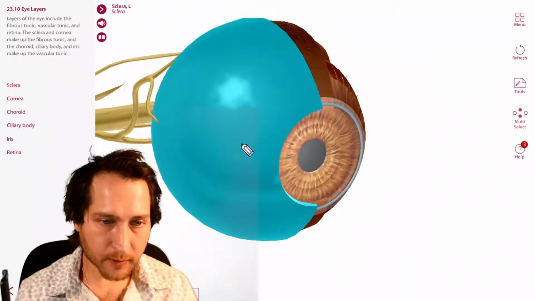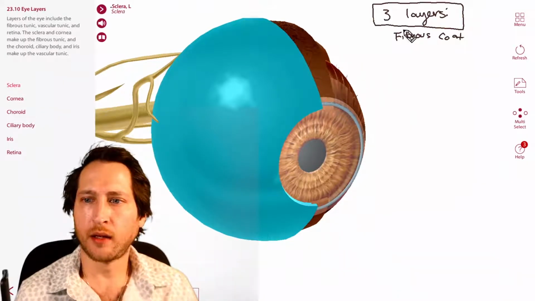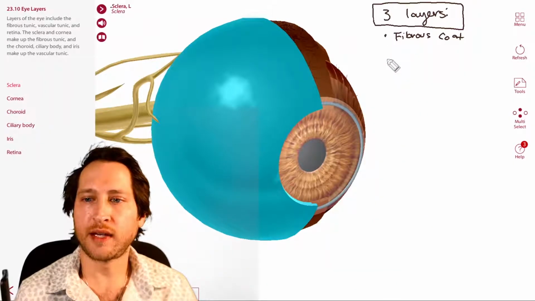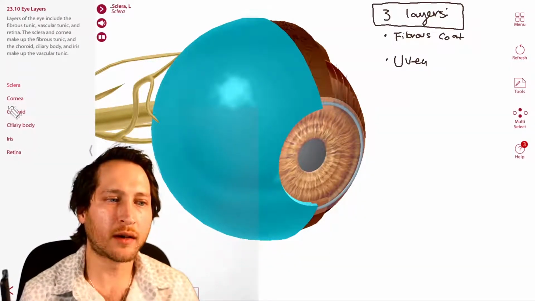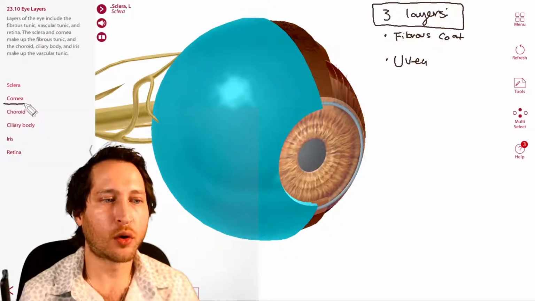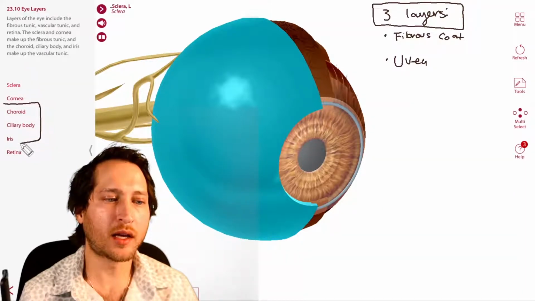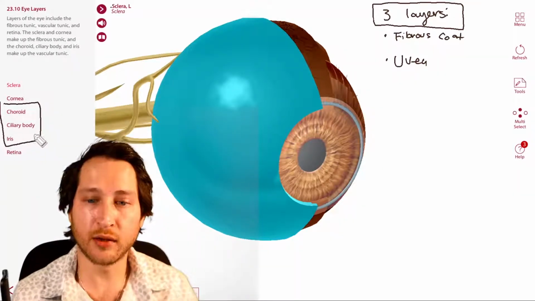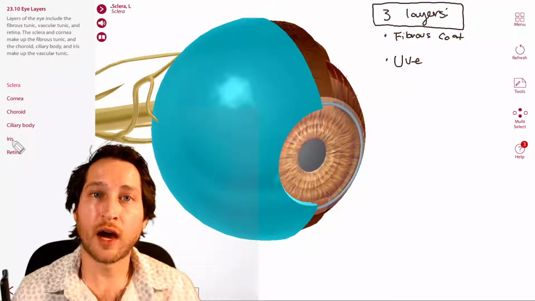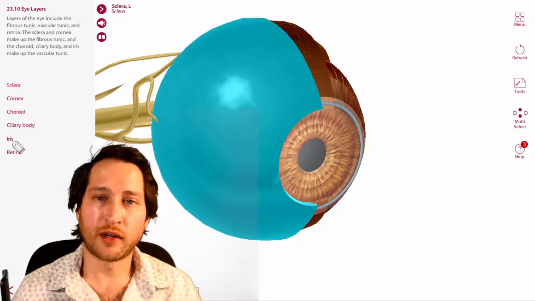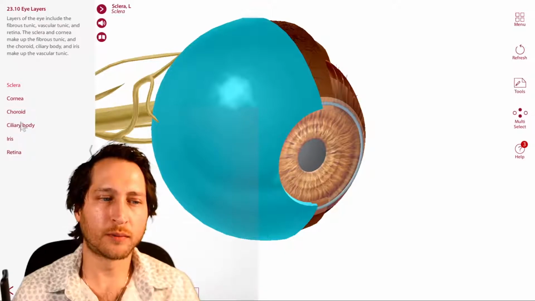The next layer that's deep to the fibrous coat is going to be the uvea. And the uvea is composed of the choroid, the ciliary body, and the iris. Now, we've talked about the iris so far. The iris is the colored portion of the eye, and it's important for controlling the diameter of the pupil.